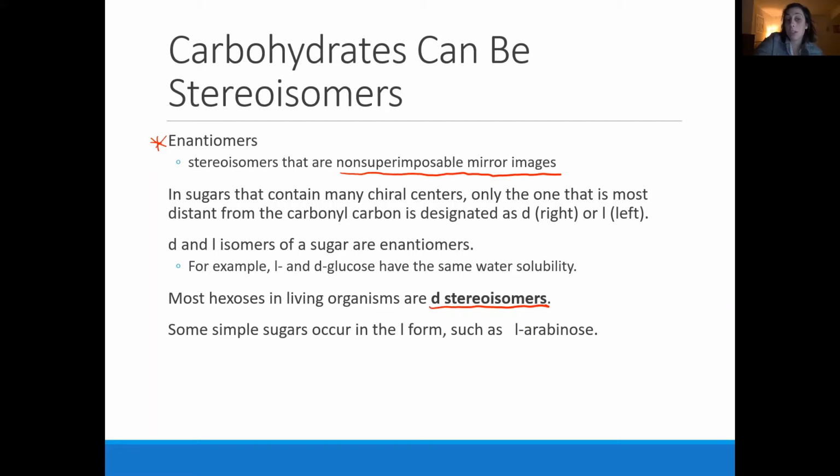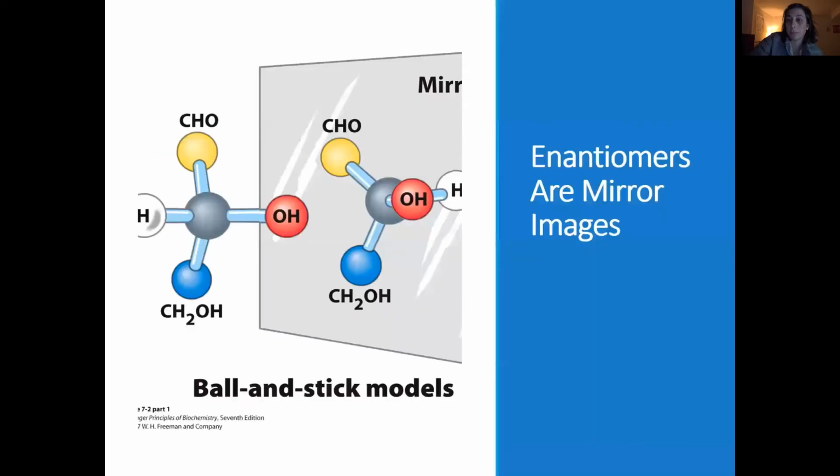But there are some simple sugars that we utilize and that exist mostly in the L form. One example is L-arabinose. So again, most sugars that we are going to be talking about and that we utilize are in the D form, the D stereoisomer, but there are some that do utilize the L form.